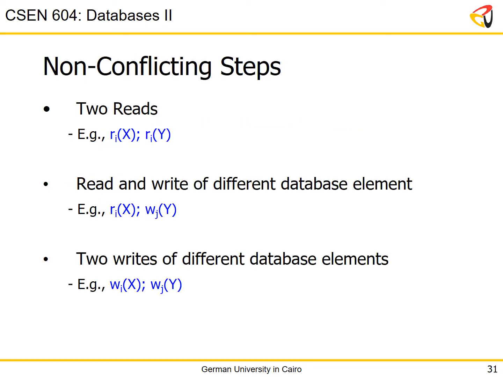So what are the non-conflicting steps? Remember, non-conflicting steps are the ones that we are going to manipulate to generate a schedule that's fair and also equivalent to a serial schedule. There are three non-conflicting steps.